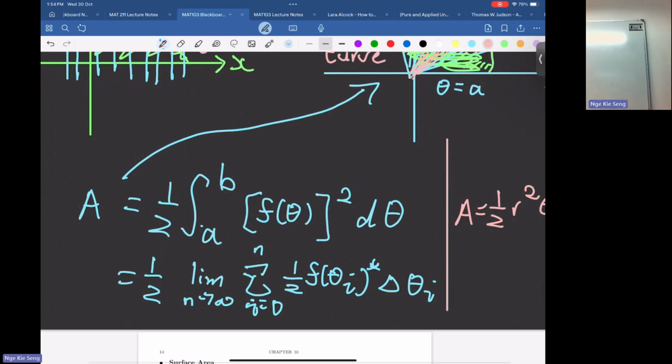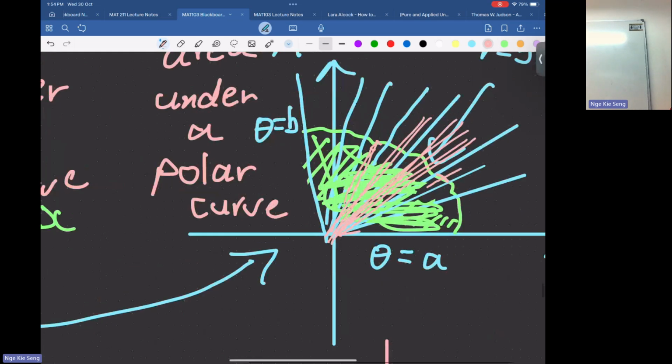Okay, this limit is like almost slice everything into a line.